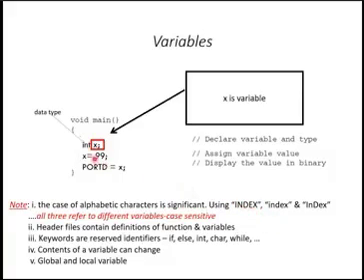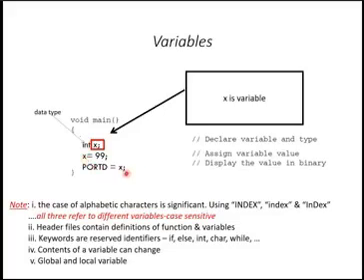The variable name and type must be declared. Like I said, it can be char, int, integer, long, float, double, and so on. It can be signed, it can be unsigned. So you must declare every time you want to use a variable.